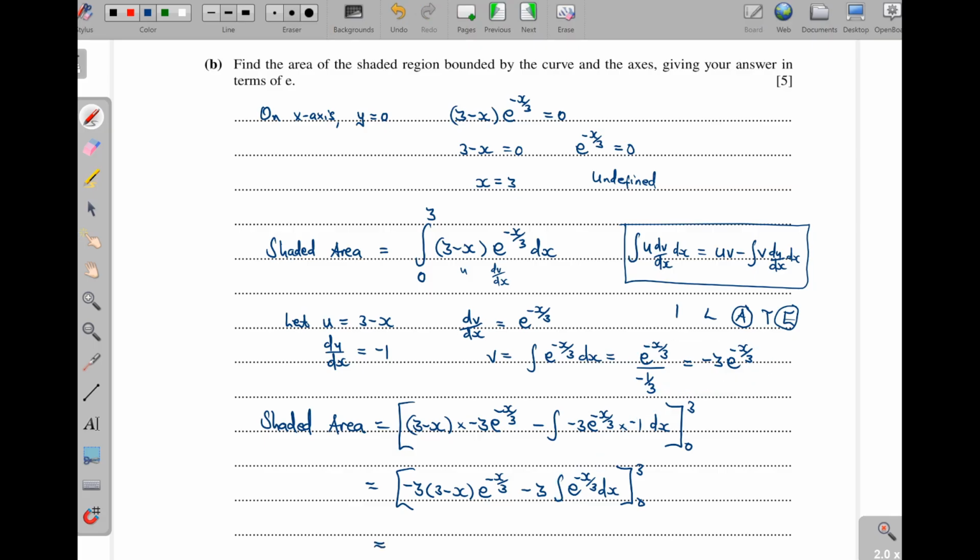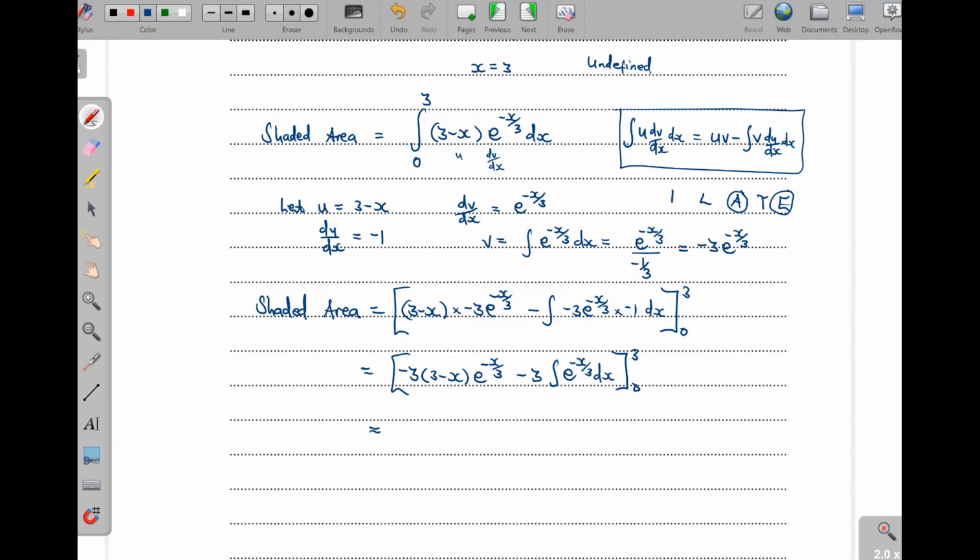So I'll just write here that we are going to have negative 3, then 3 minus x, then e to the power of negative x over 3, then minus 3 times negative 3 e to the power of negative x over 3.